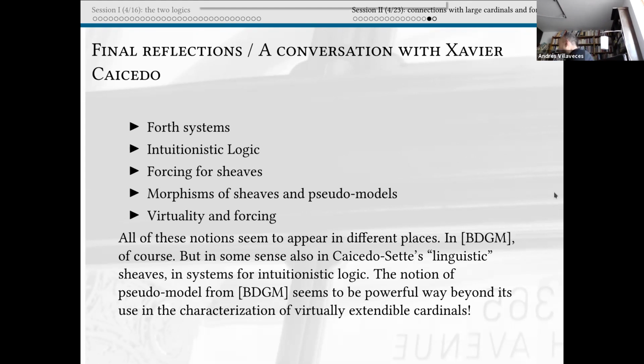Let me just quote something from his email message that I think is interesting. There is a connection with model theory that I think is interesting here. I'm just translating ad libitum from Spanish. I see a great novelty. The applications look quite impressive in the use of forcing systems for vocabularies, like the ones we saw, as in the definition of pseudo-models.